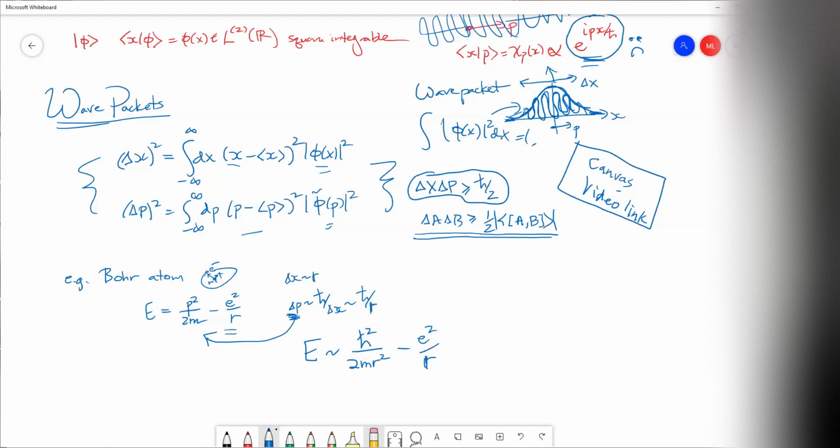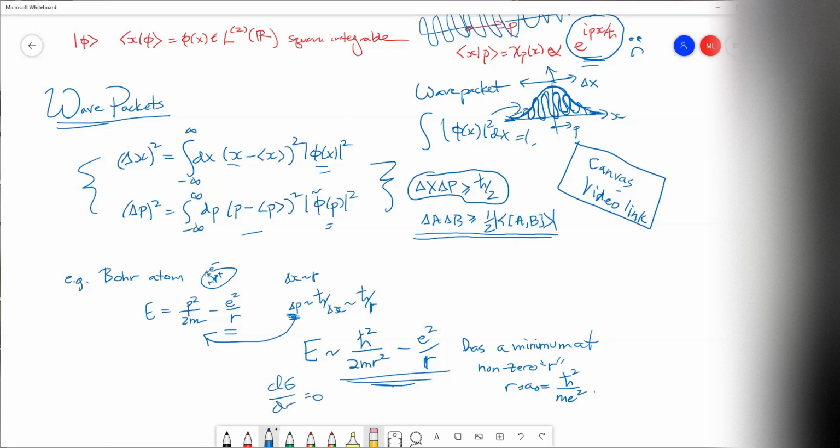This is a very hand wavy argument, but if you plot this, it has a minimum energy at a non-zero r, which is the Bohr radius. You can minimize this and you'll find that the minimum is at H bar squared over m e squared, just by taking dE/dr, setting it equal to 0 and solving.